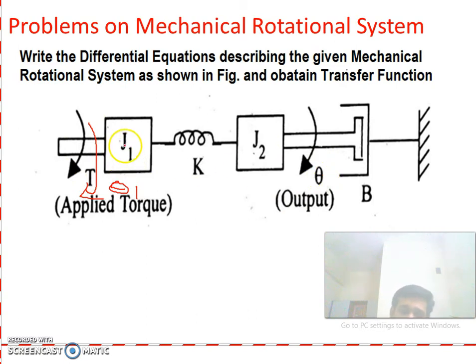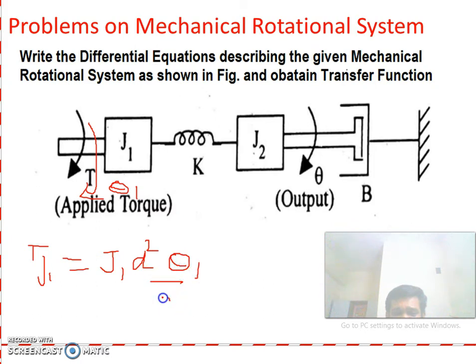So the opposing torque due to this J1 is T J1 equal to J1 into d square theta 1 divided by dt square. That is due to this mass J1.